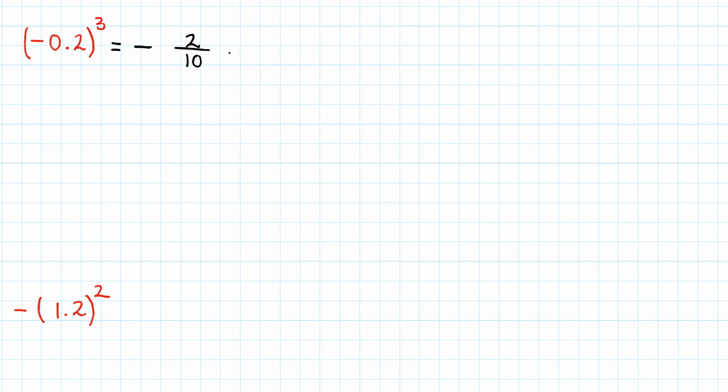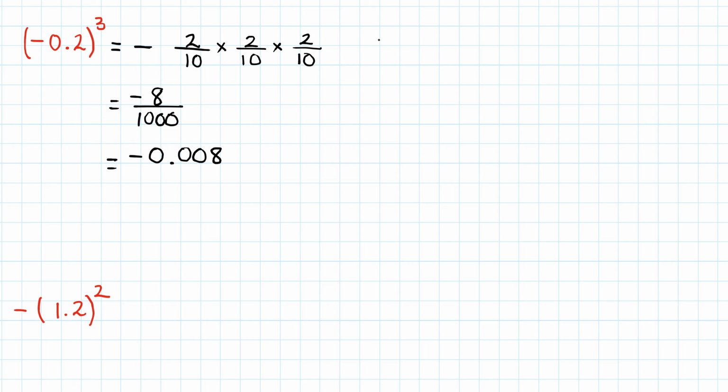So that means that is 2/10 times 2/10 times 2/10, which is equal to negative 8 over 1,000. That means that this is going to be equal to negative 8 thousandths. And that's the answer.